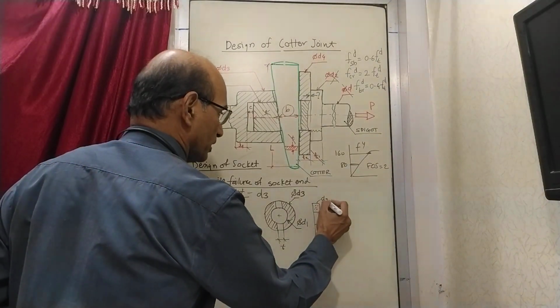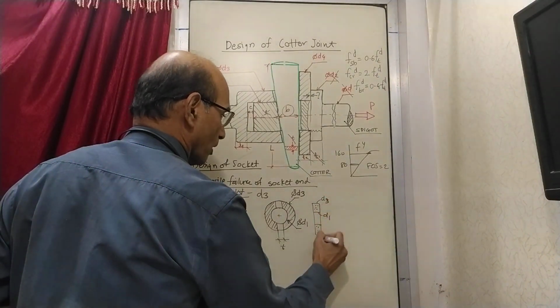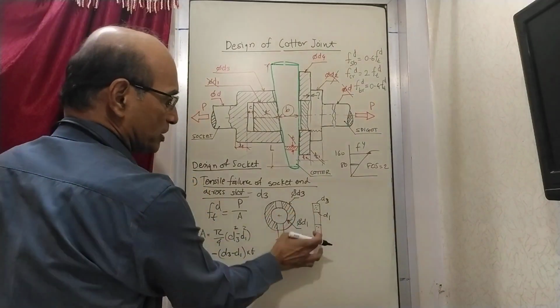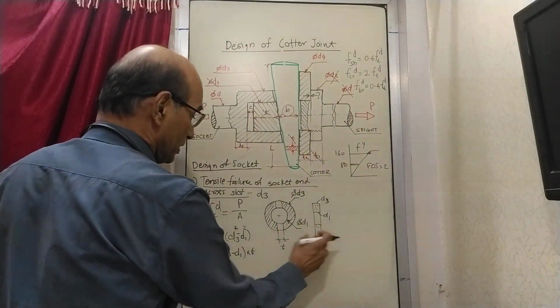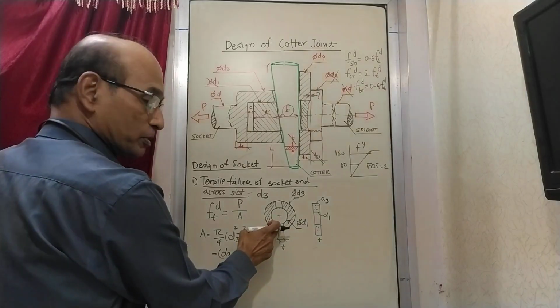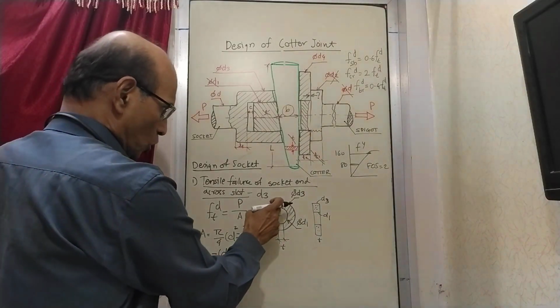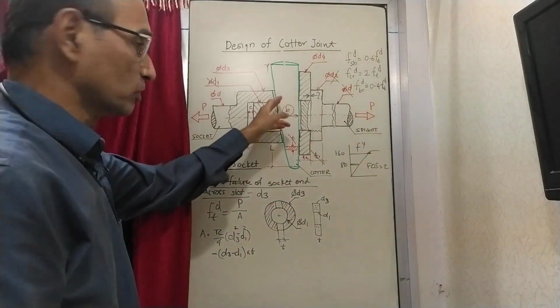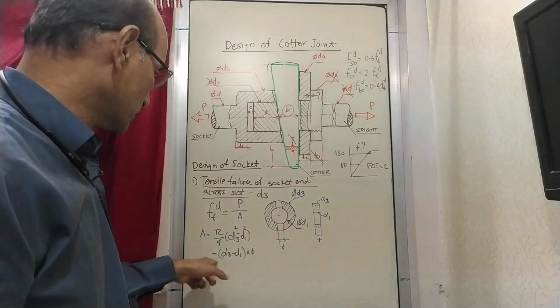Out of that, this is D3, this is D1, and this is T. So D3 minus D1 is these two parts, and multiplied by T, that is the area of this slot, which is formed because of this contact. So this is the resisting area.